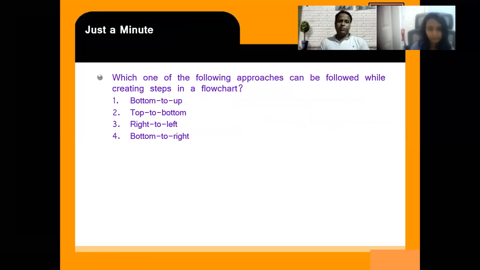Next, it is a question for you. Which one of the following approaches can be followed while creating the steps in the flowchart? Which approach do you have to use?